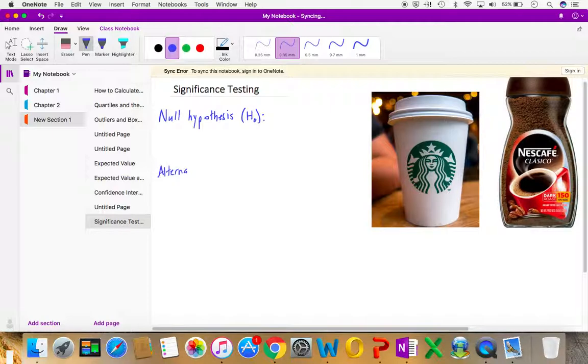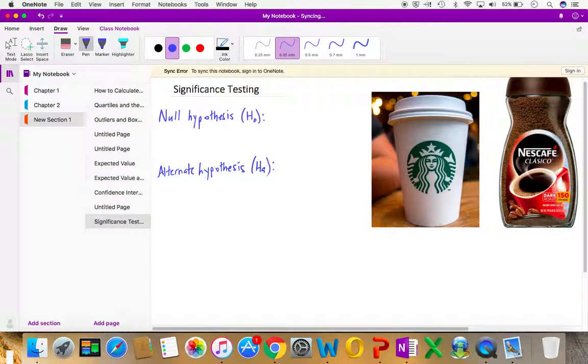We're going to look at another example here in a minute that shows these two and how they combat each other. It's kind of like a rival. Your null hypothesis is on one side of the argument, your alternate hypothesis is on the other side of the debate. You'll see to my right I have two different pictures: a cup of Starbucks coffee and a bottle that contains Nescafe instant coffee. In this example, let's say I'm a marketing representative for Nescafe, so this is a product I'm trying to sell.